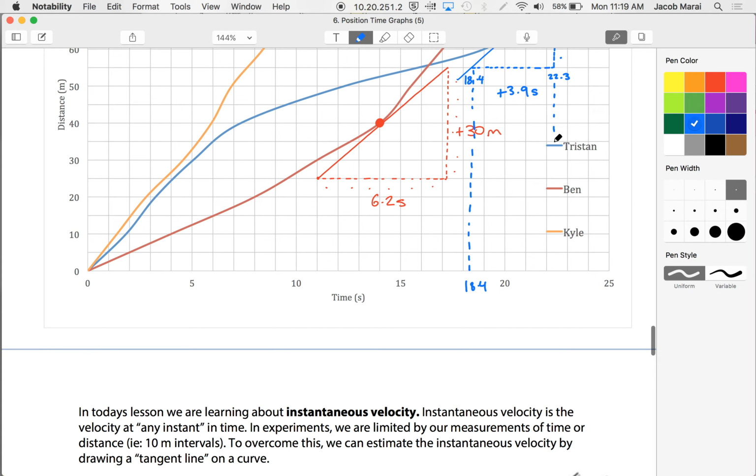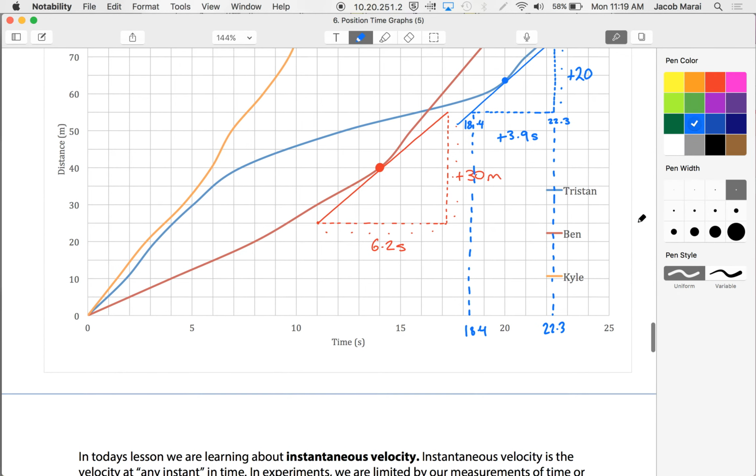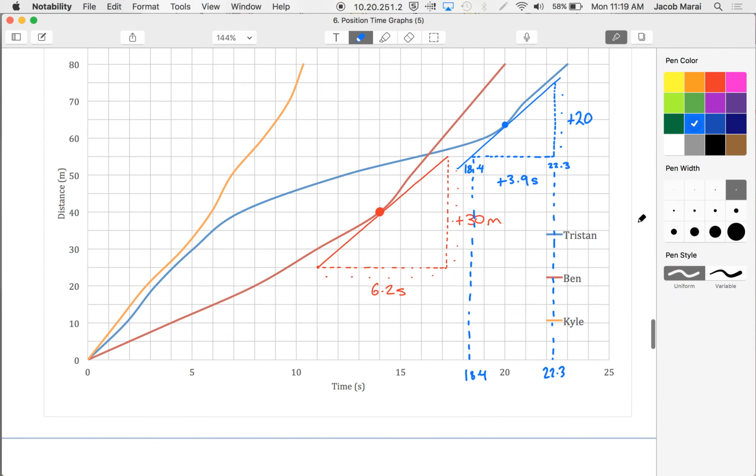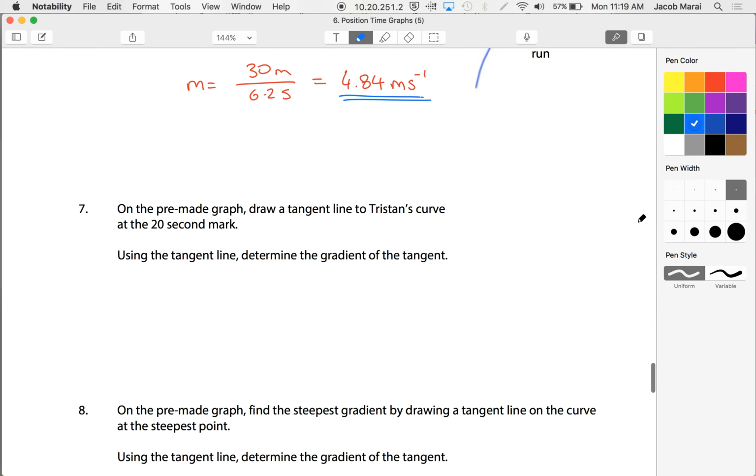If it's around an easier number to do, like if I got 18.5 to 22.5, perfect, then call it that. Like, you're going to be dividing by 4, I'm going to be dividing by 3.9. Our values are going to be slightly different, but they should be okay. They should be all good. So 20 on 3.9 for Tristan.